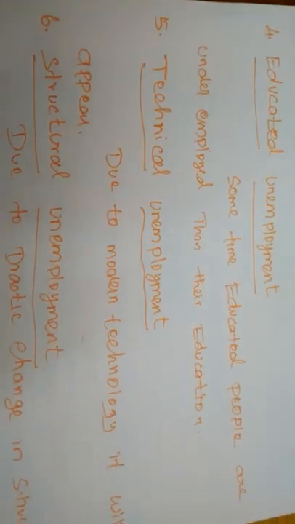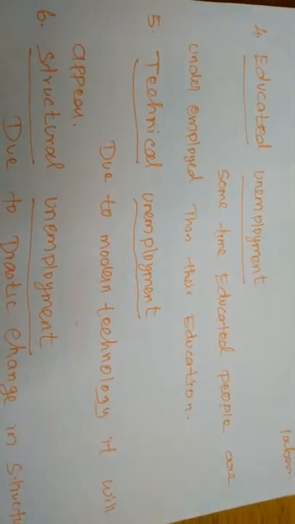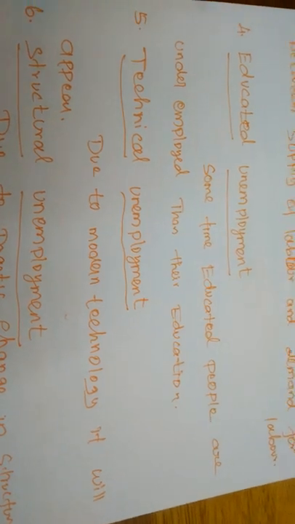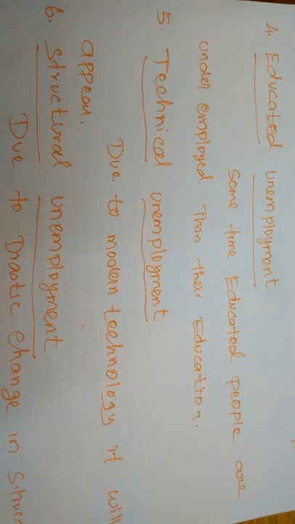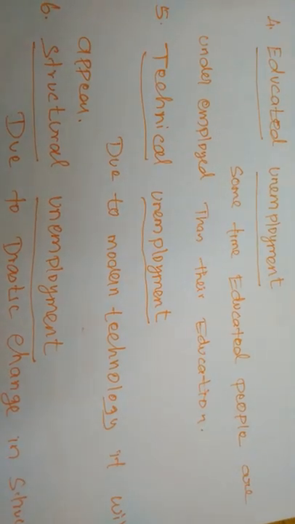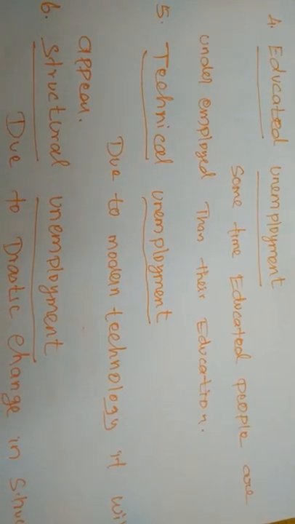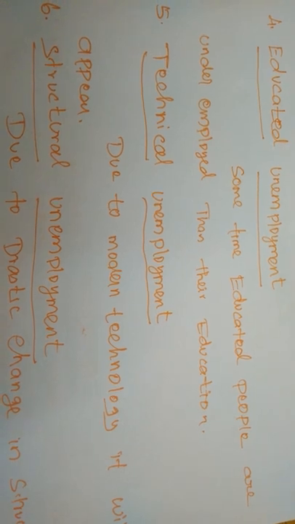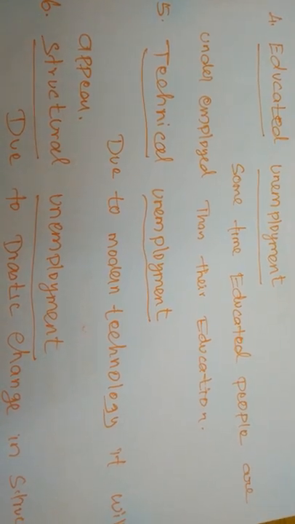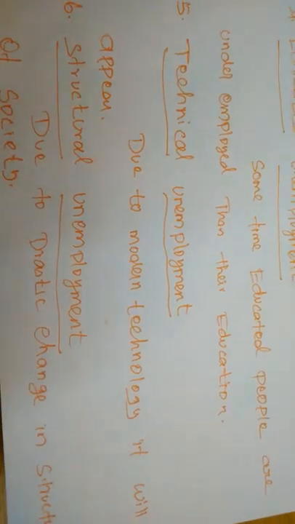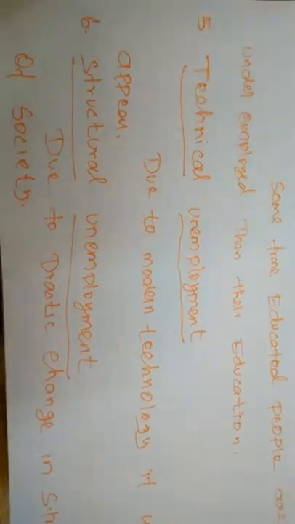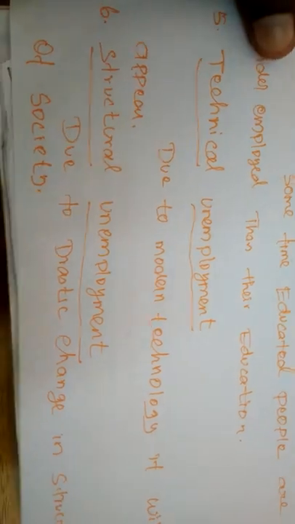One machinery can be equal to 100 laborers, because different types of machineries are adopted and applied in industries. Due to modern technology, modern skills and innovations of industrialization, some employment problem will be created. That is called technical unemployment.